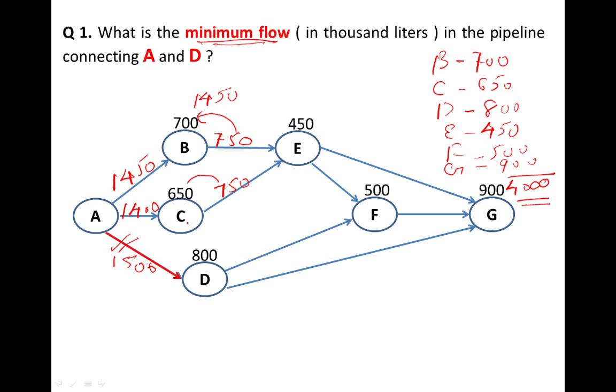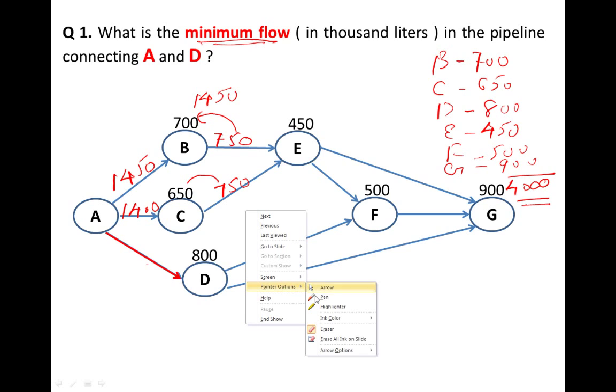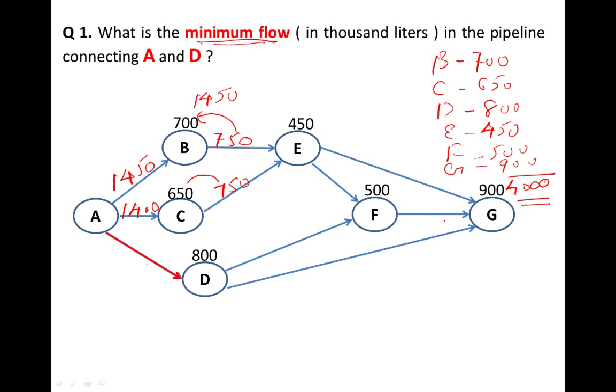Then what is the flow from A to D? And that too, it is said, minimum flow. That means the balance has to flow from A to D. So let's erase this 1500. Okay. Now come to this part. We have seen that the total requirement is 4000.